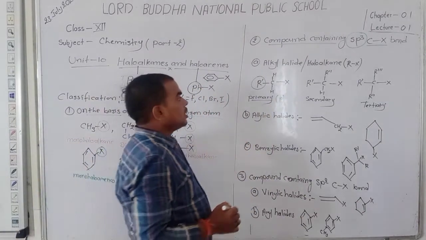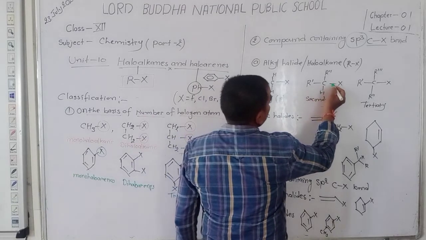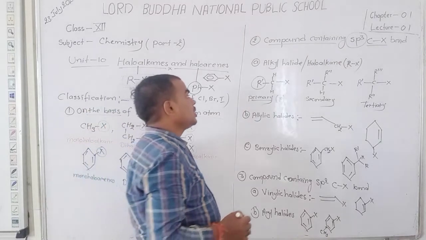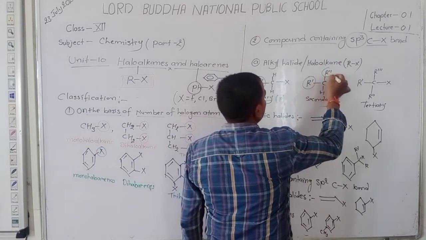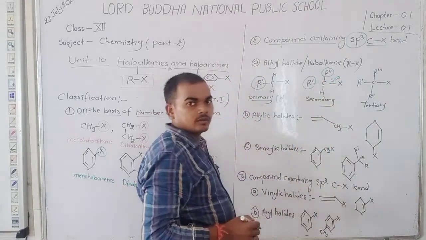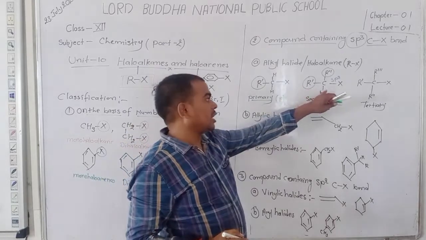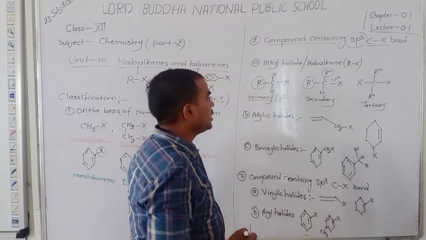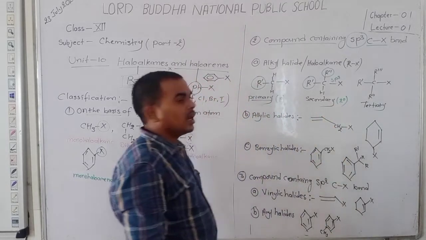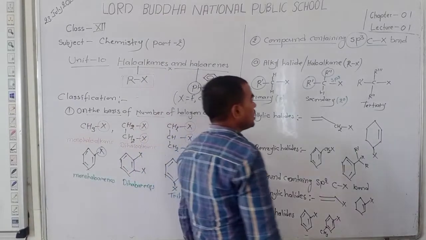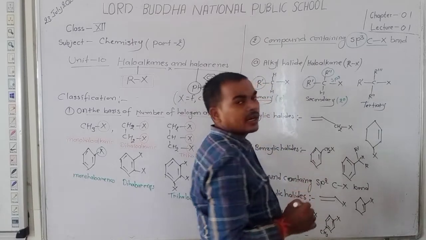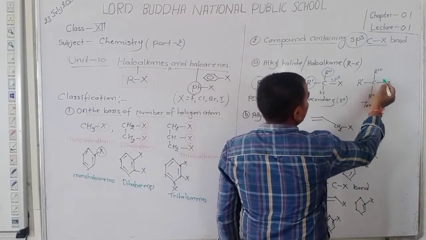Next point. Here the carbon joined with the halogen contains two alkyl groups and has sp3 hybridization. The sp3 hybrid carbon containing two alkyl groups is known as secondary, that is 2 degree haloalkane. Here the C-X bonded carbon has 1, 2, 3, 4 sigma bonds.